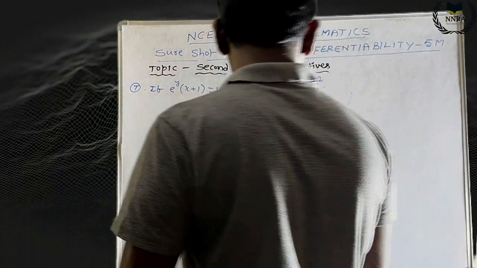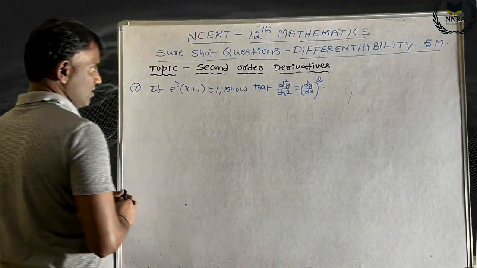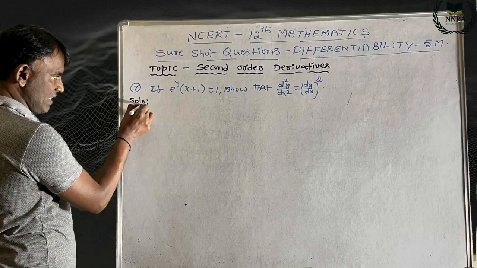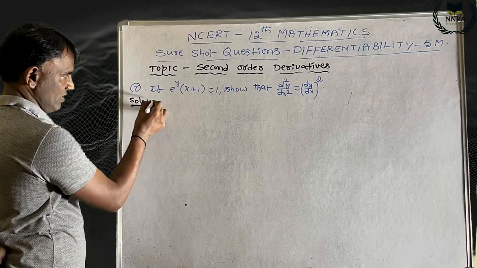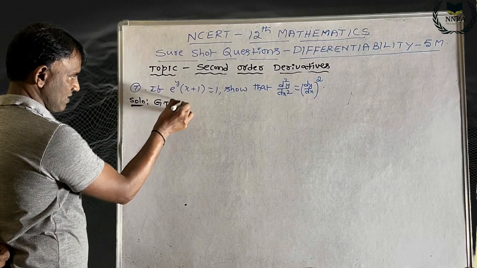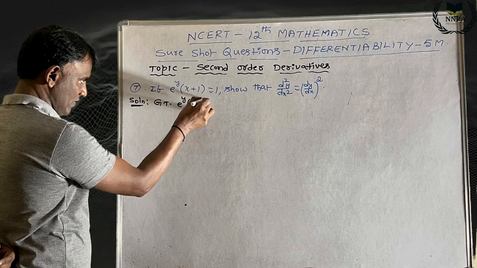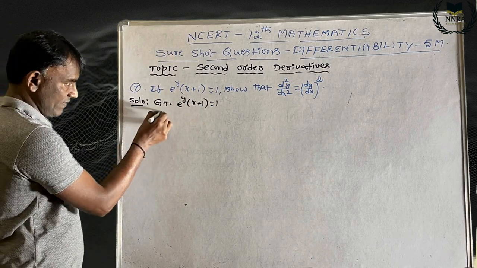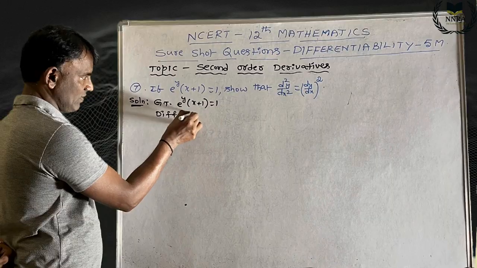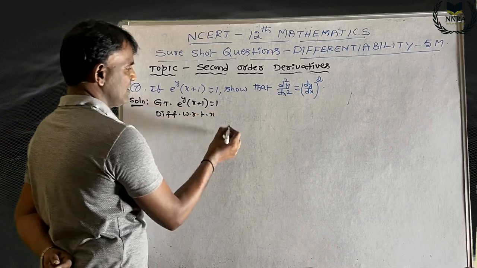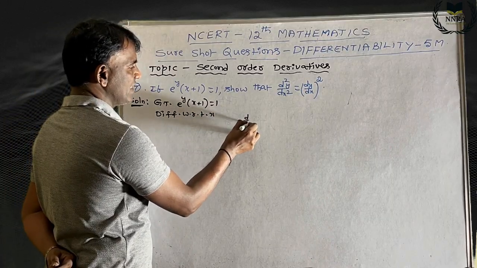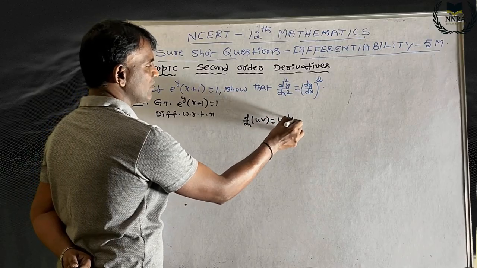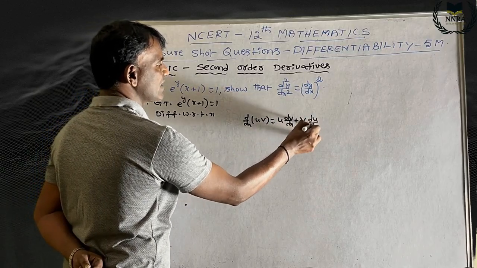Okay. Now this is 7th question. So it's also a very simple question, but here we find first order and second order derivatives, right? So given that e power y into x plus 1 equal to 1. Now differentiating with respect to x, and uv method. What is that? d by dx of uv equal to u dv by dx plus v du by dx, right?